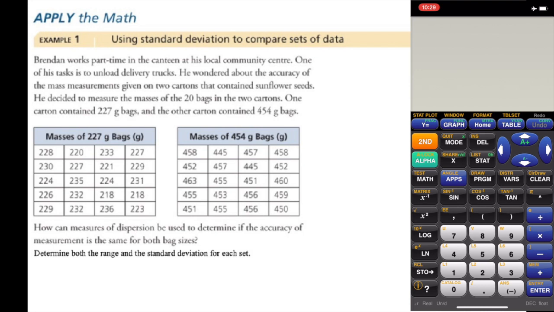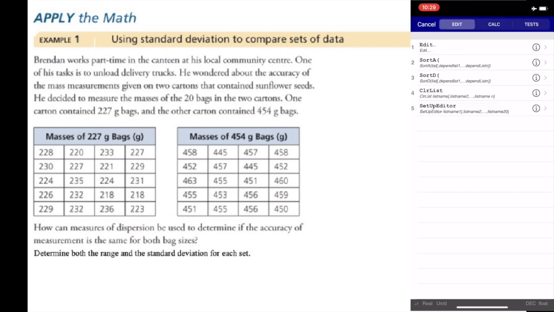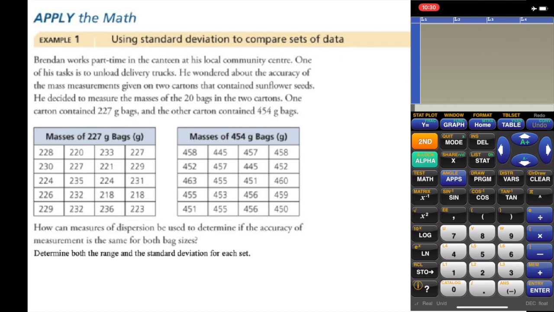enter the data, and again, as this is the third time through this, I'm going to go a little bit quicker than usual. Please pause the video if you need to catch up. So stat, edit, I'll enter the 227 gram bag masses.